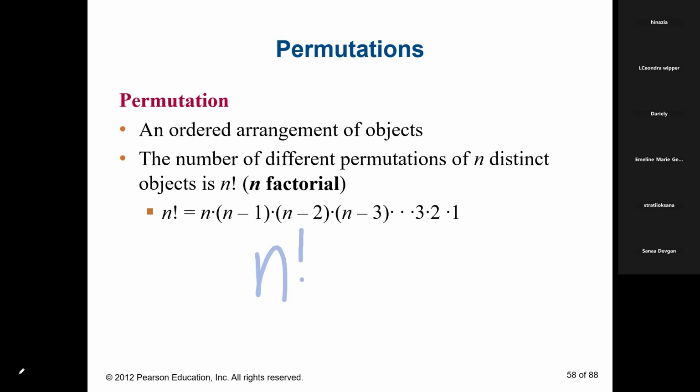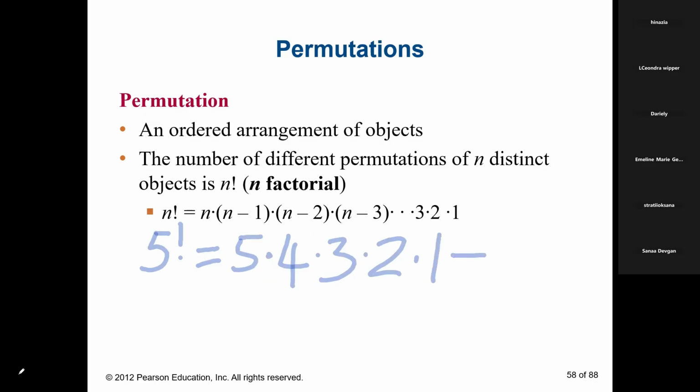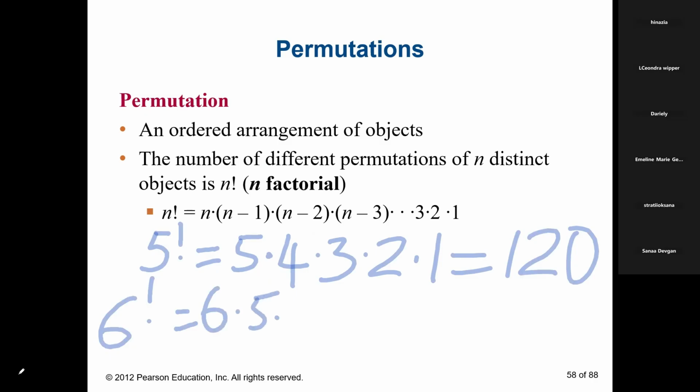For example, 5 factorial is just a number. 5 factorial is 5 times 4 times 3 times 2 times 1, and then you multiply them, that's 120. 6 factorial would be 6 times 5 times 4 times 3 times 2 times 1.